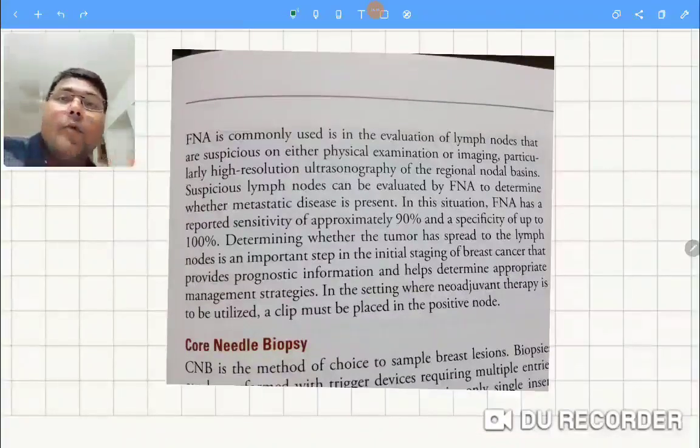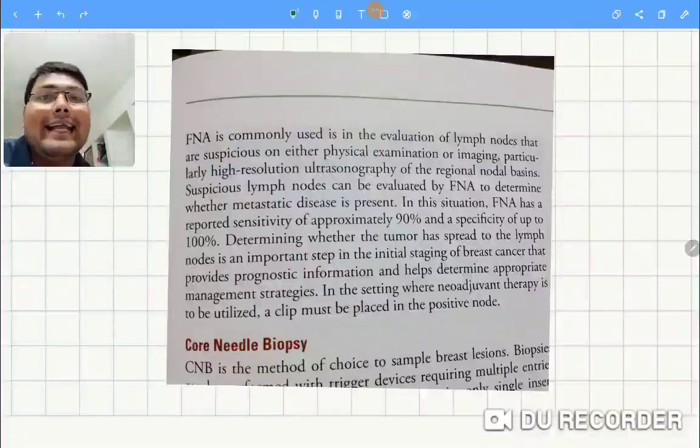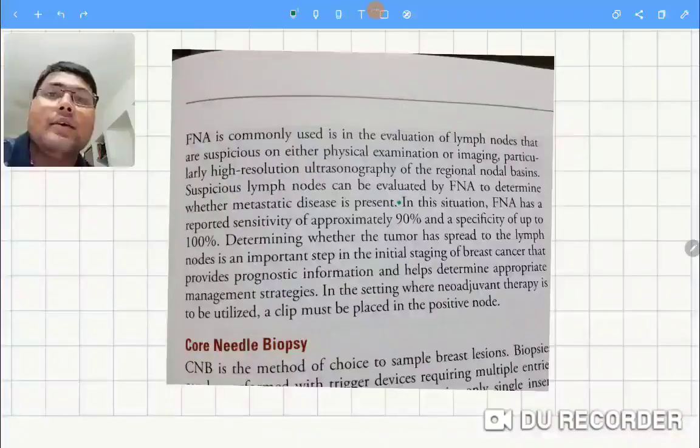Because the whole protocol is going to change if the lymph node is metastatic. Then you have to go for a modified radical mastectomy. And if there is no lymph node, or the lymph node is inflammatory or a simple lymph node, then you can go for a simple mastectomy or breast conservative surgery, right? So the whole protocol is going to change based on lymph node status, because it is a prognostic factor in breast cancer patients, right?